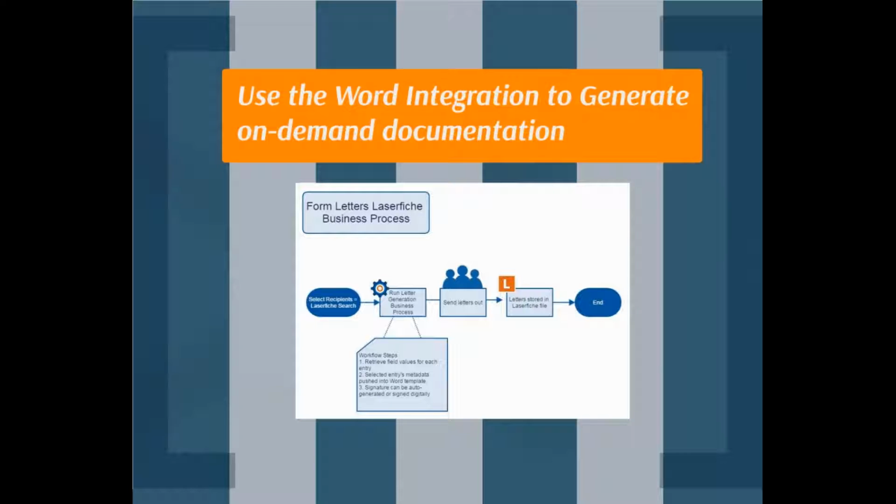Then you would run the business process to generate the letters. The workflow steps for that would include retrieving the field values for each entry, selecting the entry's metadata, and then collecting signatures if necessary. Then you send the letters out. And then the letters themselves that have been generated are stored into Laserfiche. And that is the end of that process.